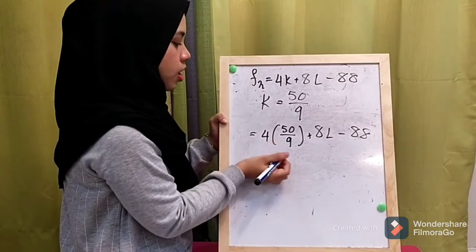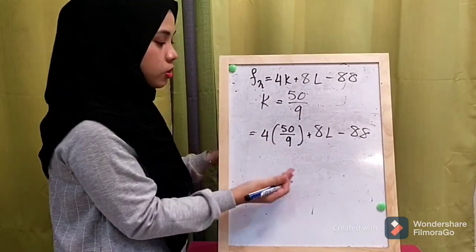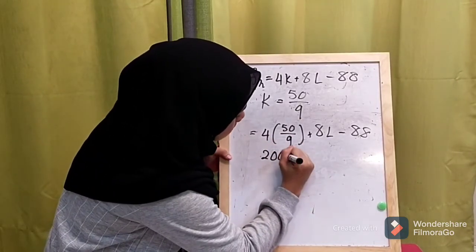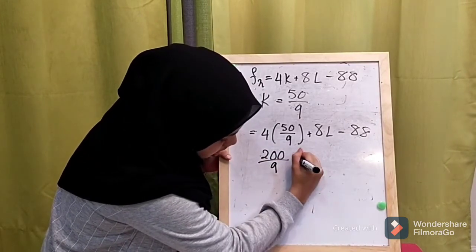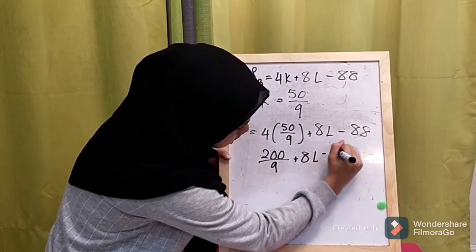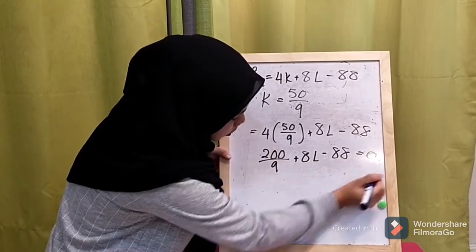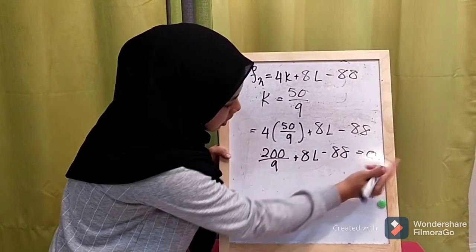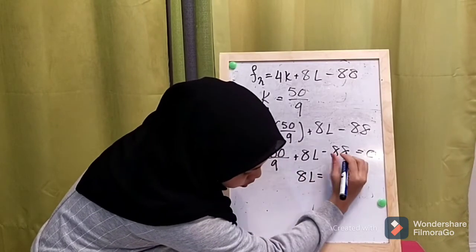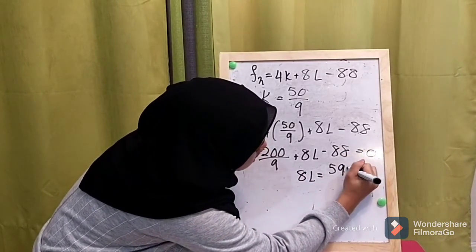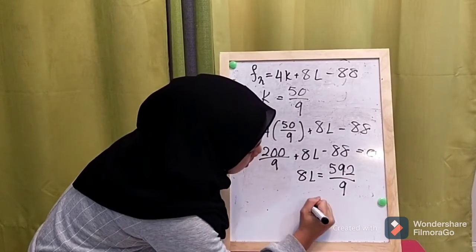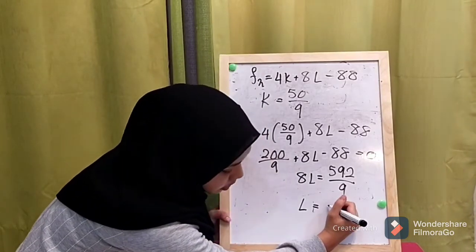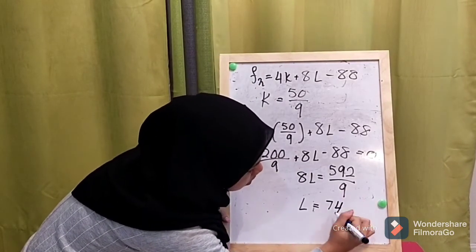We solve it like usual, like before, so it will be 200 over 9 plus 8L minus 88 equal to 0. Then we move these two to the right side, so we will get 8L equal to 592 over 9. Then we make L singular. The value of L we will get is 74 over 9.